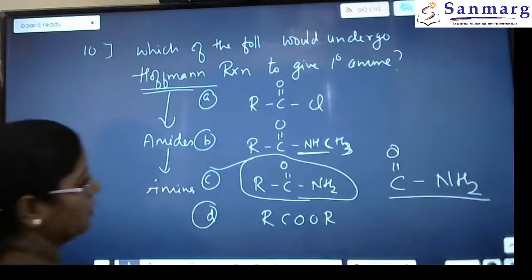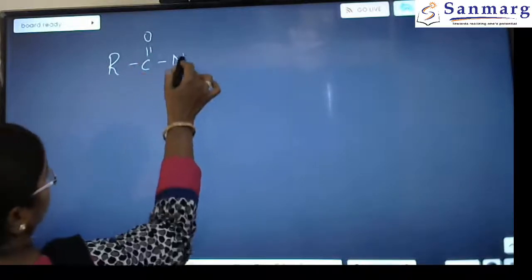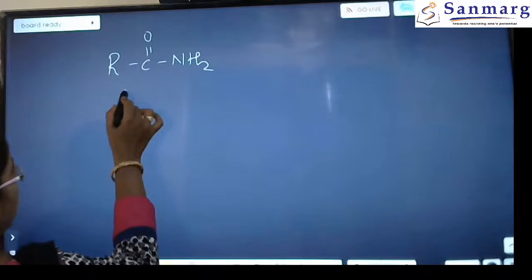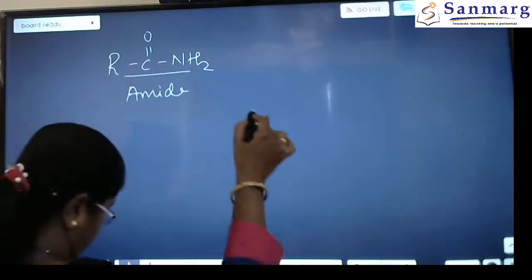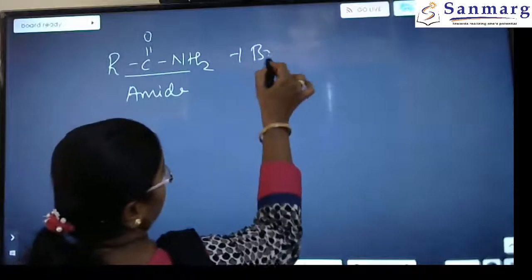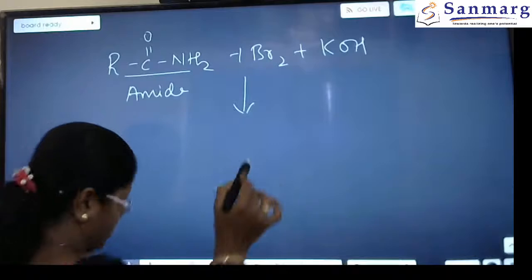Primary amides undergo Hoffman's bromamide reaction. So the general reaction is like this: R C double bond O NH2, this is an amide. The amide reacts with bromine in presence of KOH, potassium hydroxide.